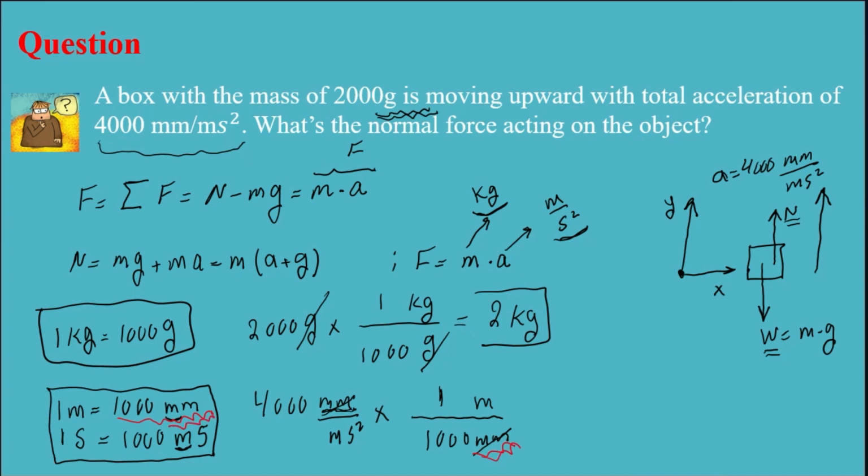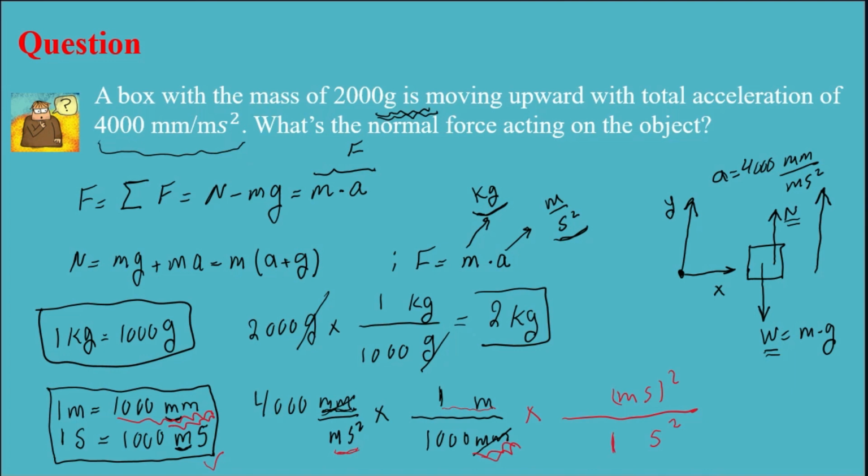So 1 meter, and that's going to be 1000 millimeters. Remember, 1000 goes with millimeter, right? And then for the second part, the millisecond is going to cancel out, right? So millisecond squared must be on top, and the second must be in the denominator, correct?